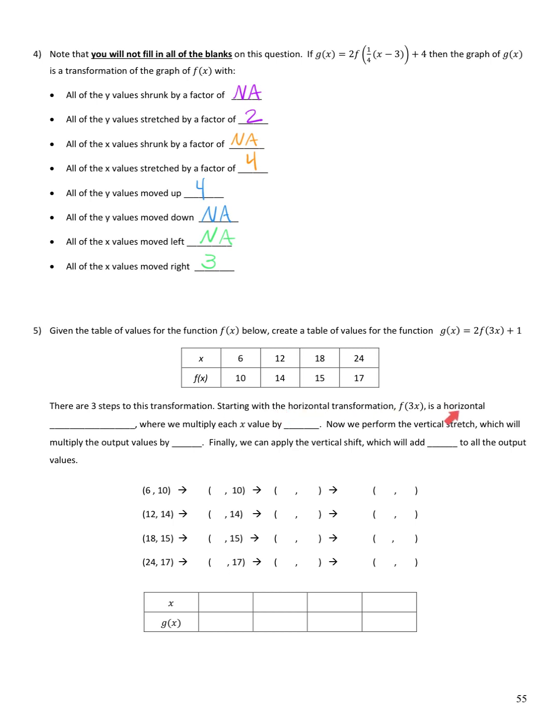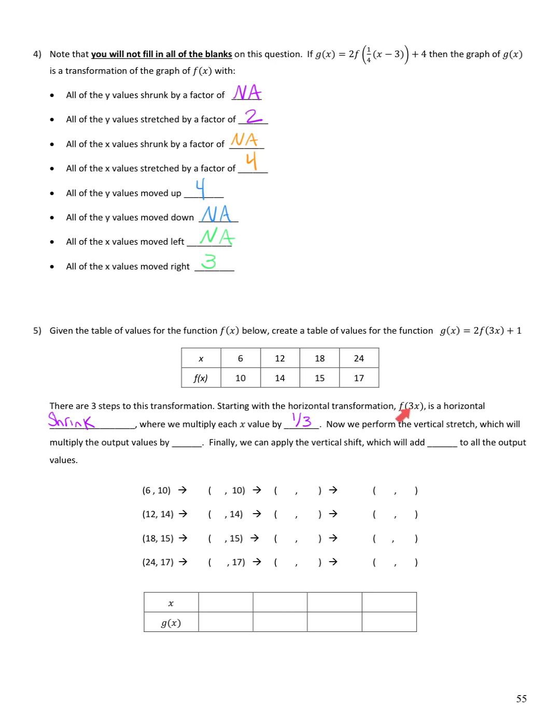We can start with the horizontal. There's only one thing inside, and it is a shape change. Okay, so f of 3x is a horizontal shrink. Because it's times 3, it makes you think it would get bigger, but it actually shrinks. We multiply each x value by 1/3, the reciprocal of the 3.